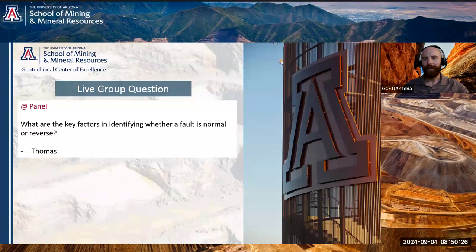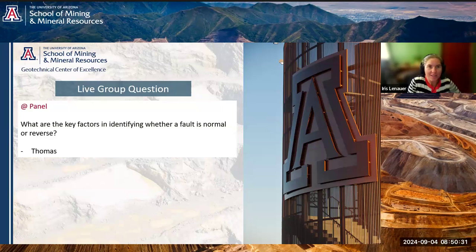Maybe I'll start with Iris. Well, the easiest way to do it is if you have a marker horizon and you can see that it's offset and you can know exactly the amount of displacement and the direction, especially if you have the slip vector on the plane itself. But that's the best case scenario, and usually we don't have that much information. There's a lot of secondary structures that we can use to determine whether it's reverse or normal.